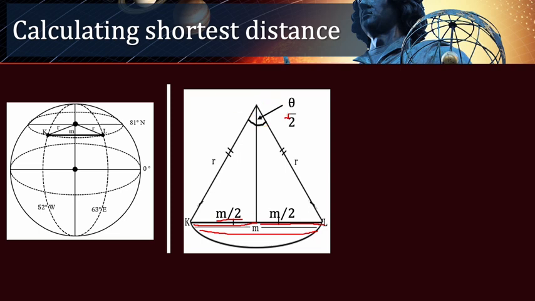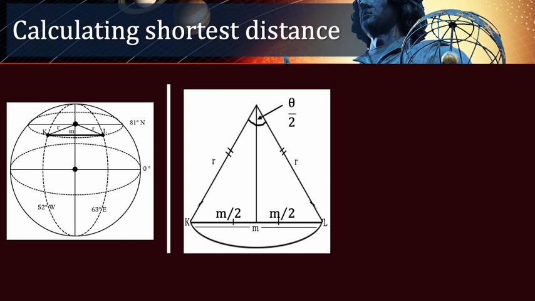Now, how do we find M? We'll find M using trigonometric ratios. What trigonometric ratio am I going to use to find M? So for me to find M, it means I'll have to use this side, which is half M. It has M. And also use this side, small r.